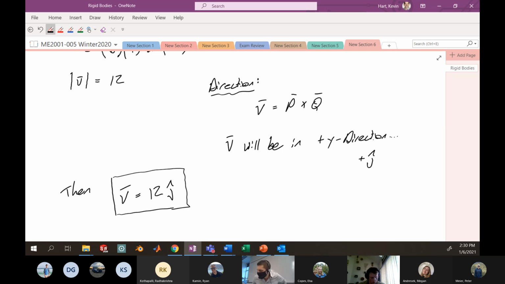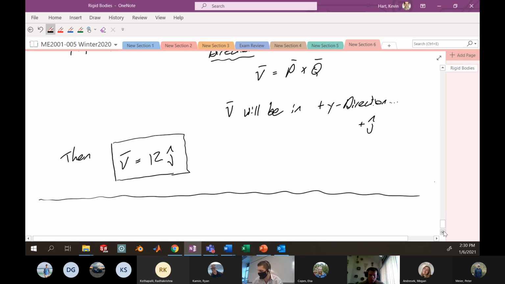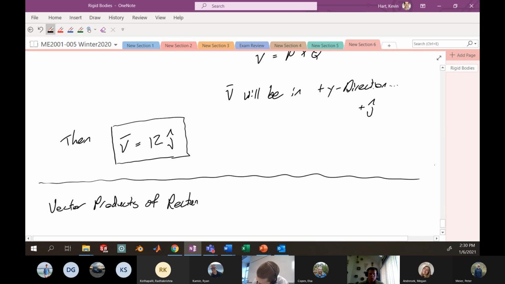All right. Let's keep rolling with this idea, and let's talk about relationships between unit vectors when we apply the cross product to unit vectors. Okay. So, vector products of rectangular unit vectors.